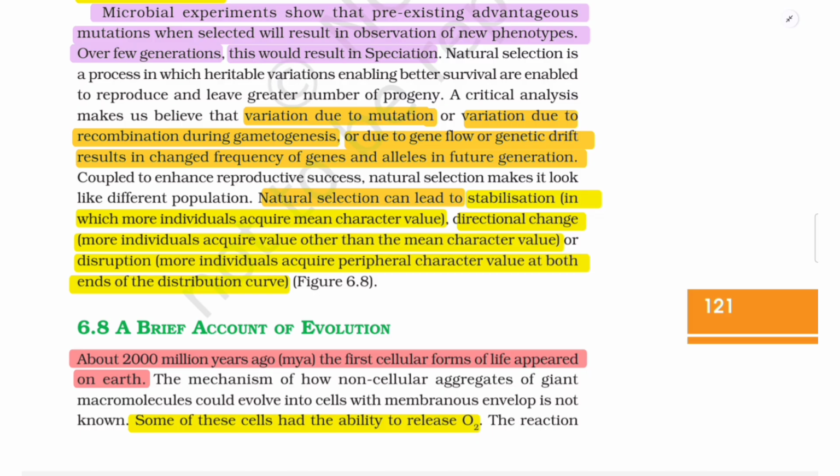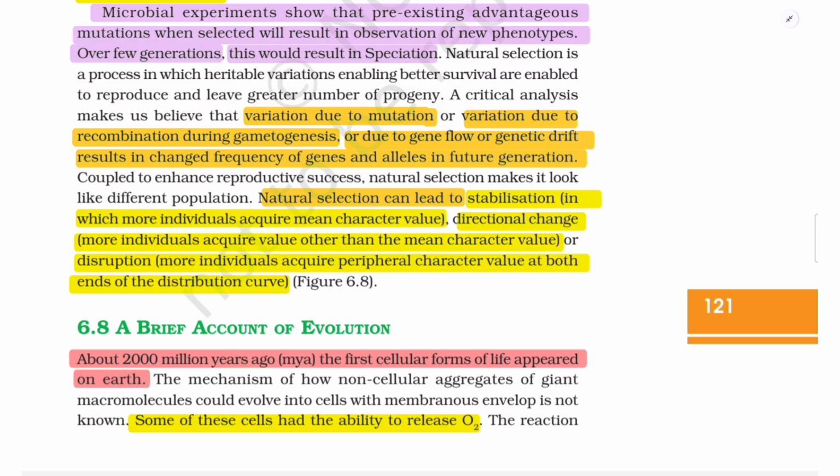A critical analysis makes us believe that variation due to mutation, or variation due to recombination during gametogenesis, or due to gene flow or genetic drift results in changed frequency of genes and alleles in future generations. Coupled to enhanced reproductive success, natural selection makes it look like a different population.